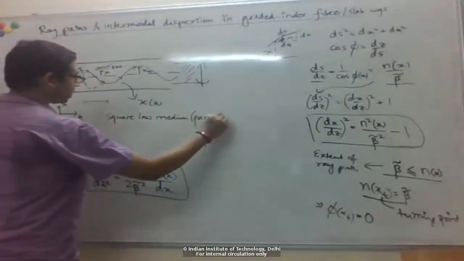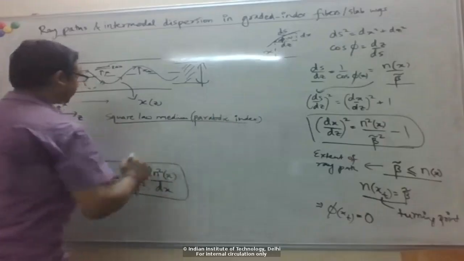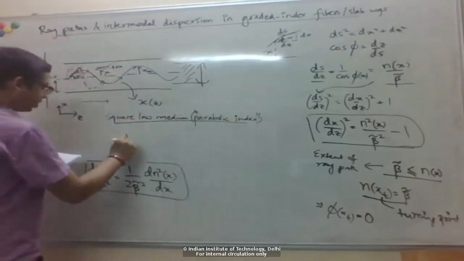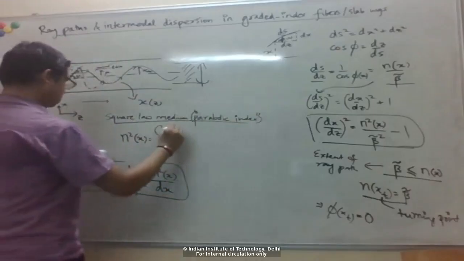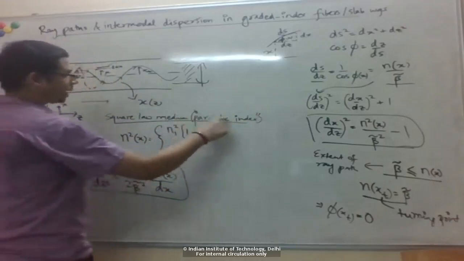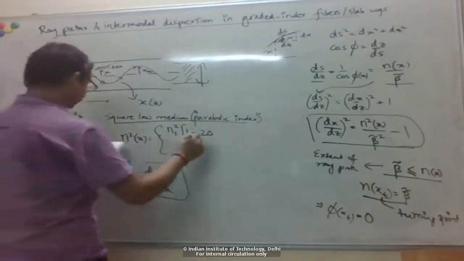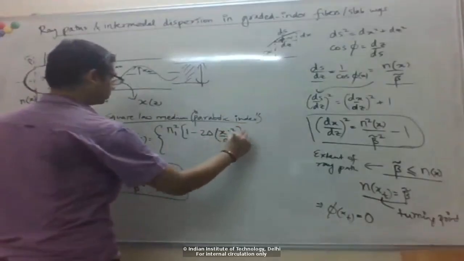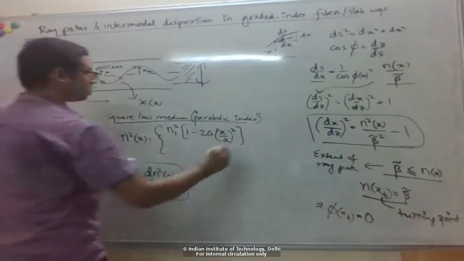It's also sometimes referred to as parabolic index, but this name is slightly confusing. What we actually mean is that the square of the refractive index varies quadratically. Although it's called parabolic index, it doesn't mean that the refractive index itself varies parabolically. It means that the square of the refractive index, or equivalently the dielectric constant, has a quadratic dependence. So inside the core, it has this dependence.